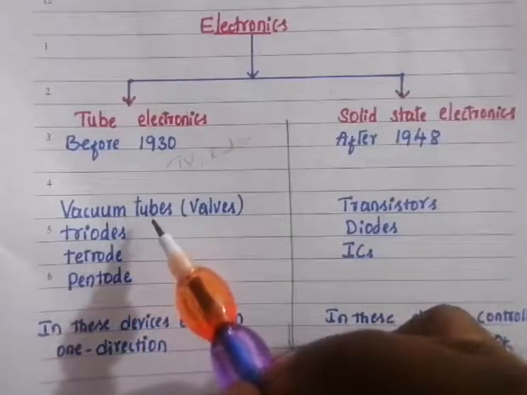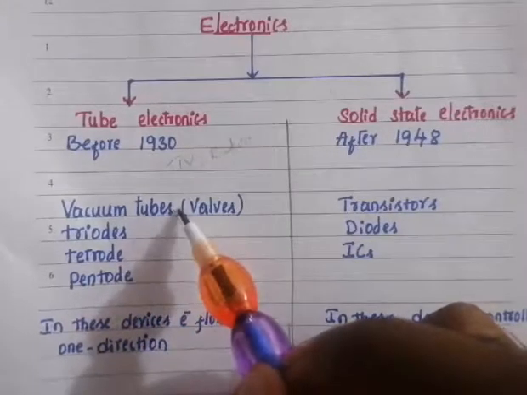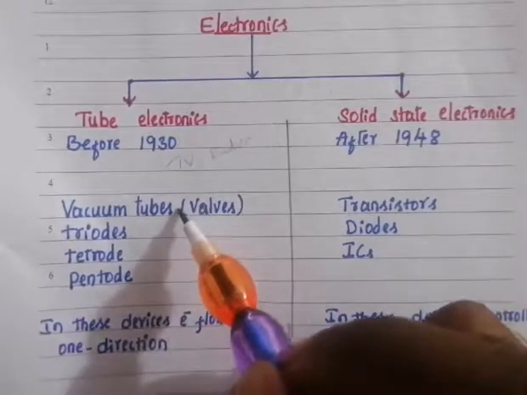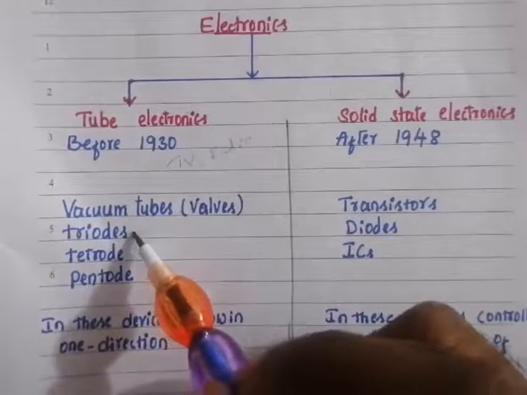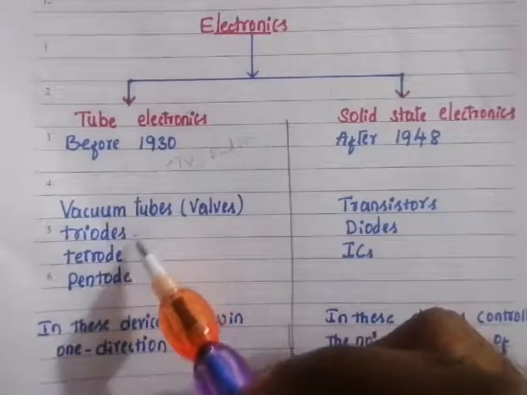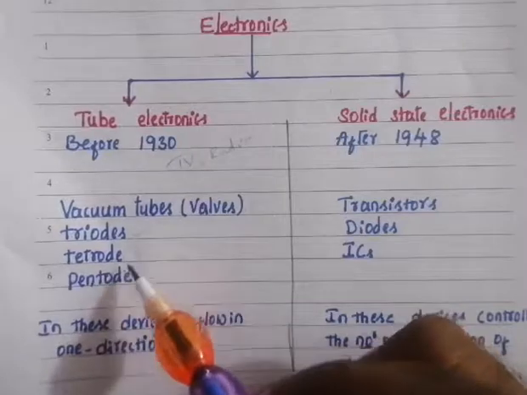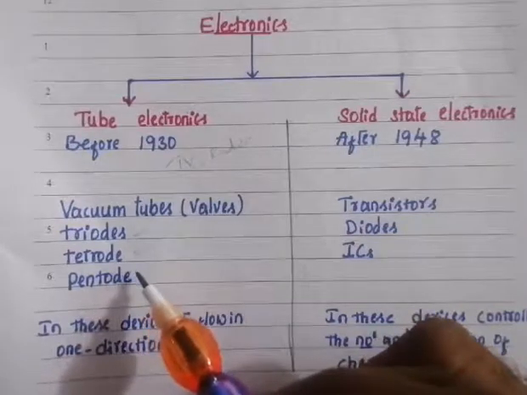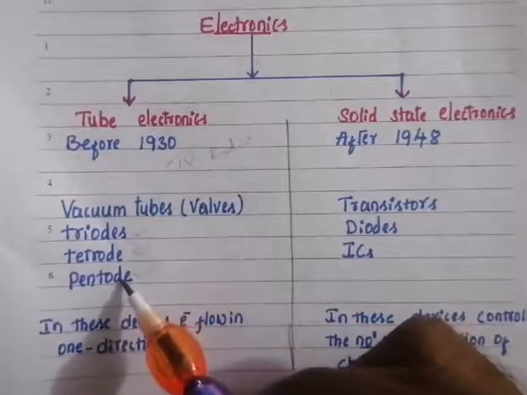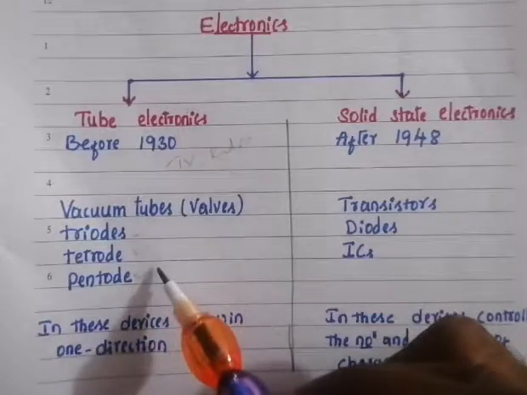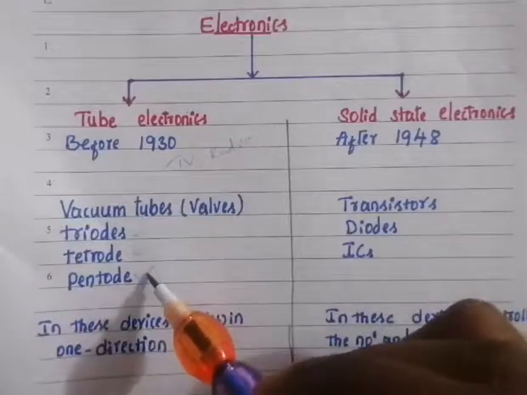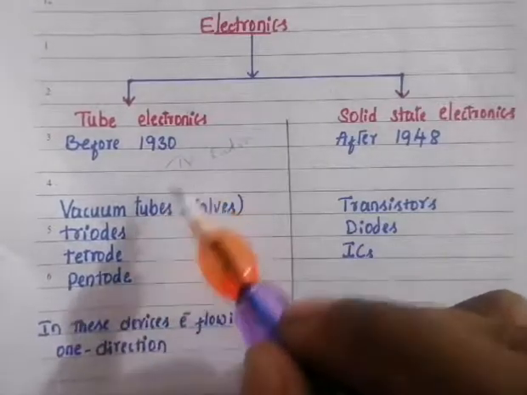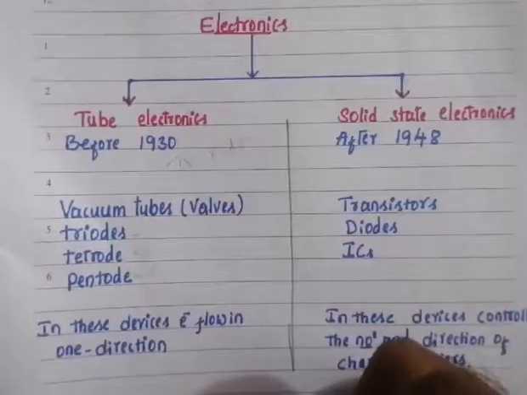A vacuum tube consists of two electrodes, that is anode and cathode. A triode consists of three electrodes. A tetrode consists of four electrodes. A pentode consists of five electrodes. Therefore, these are the basic elements of these electronic devices.